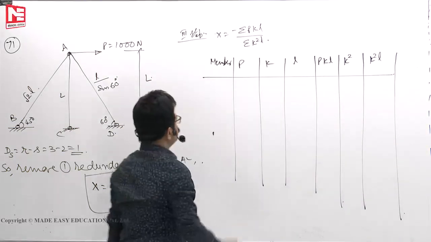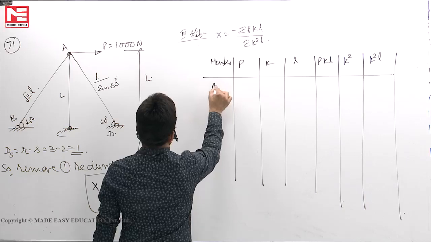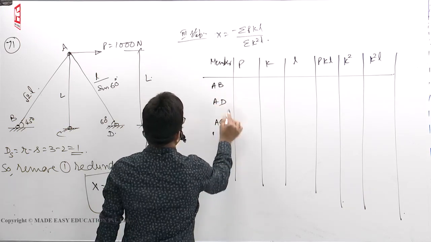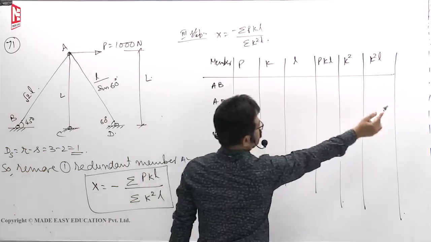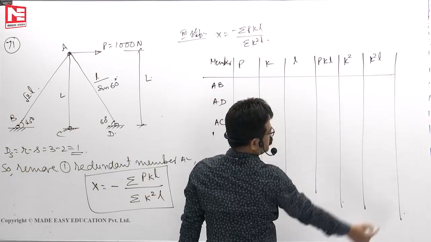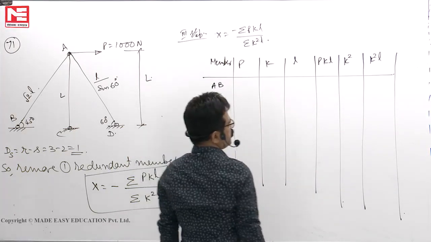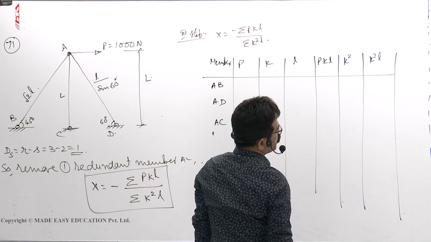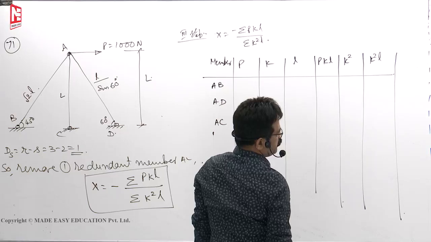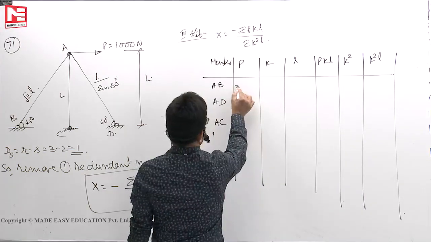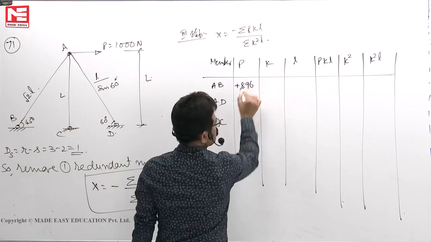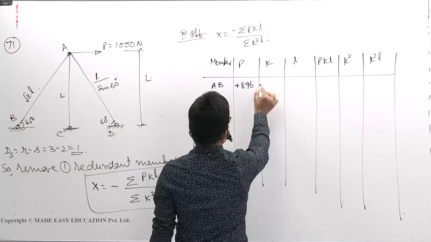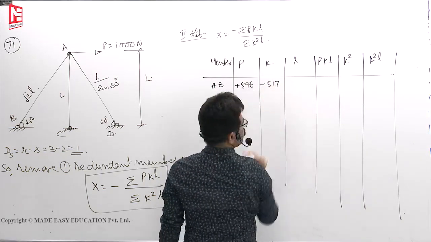Only we have to take two members, AB, then AD, AC. Member AB, P value: tension positive, compression negative. Member AB, you got it as tension, plus 896. K value is compression, so minus 0.517.